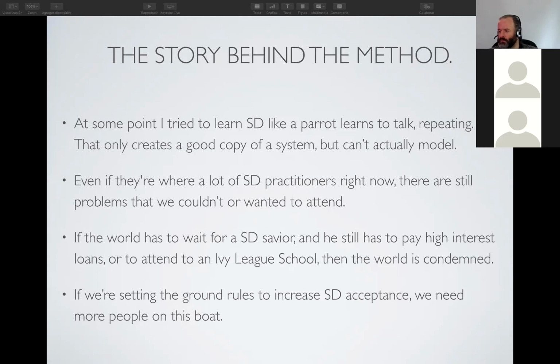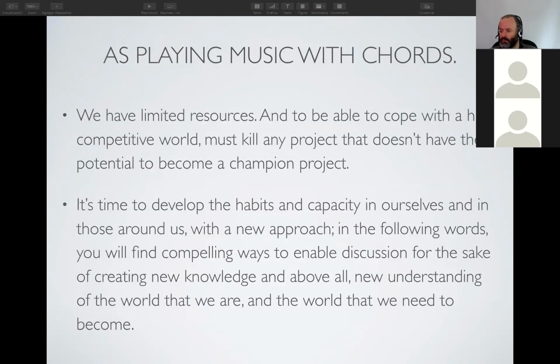So if we're setting the ground rules to increase system dynamics acceptance in the world, we need more people on this boat, right? So I'm going to start with the next part. We need to make system dynamics like playing with music chords. There are only 7 notes in music, right?